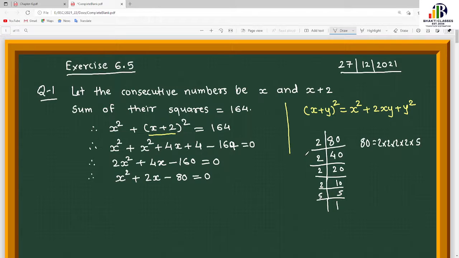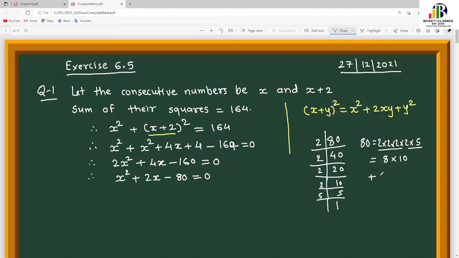So we need to get two numbers such that their multiplication is 80, that is 8 into 10, and their subtraction will give us the middle term. So middle term is positive, so we will have to split the middle term.